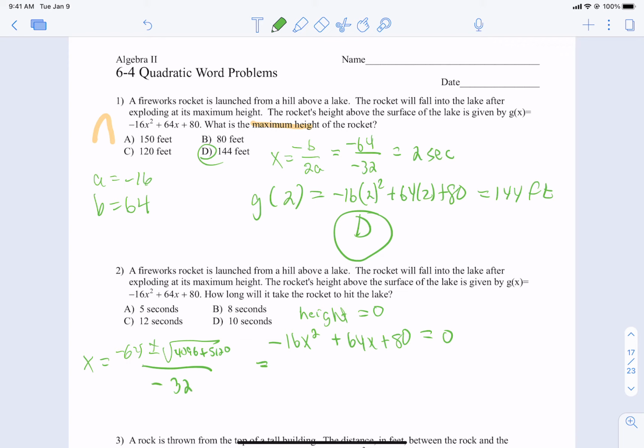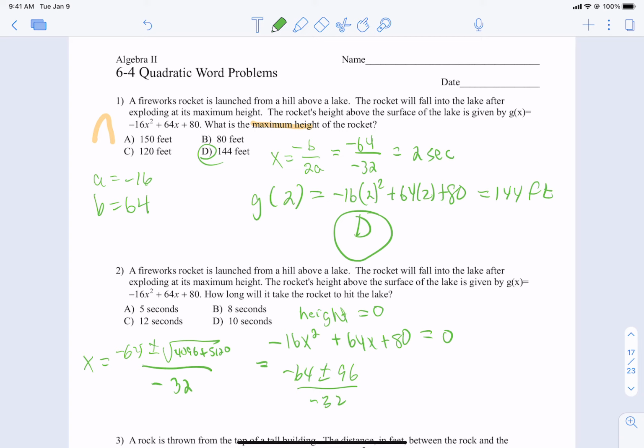Okay. Now, let's think about what that is for a minute. That's going to be negative 64 plus or minus. Now, let's do 4096 plus 5120 is 9,216. And it happens to be a perfect square of 96. So that's plus or minus 96 over negative 32.